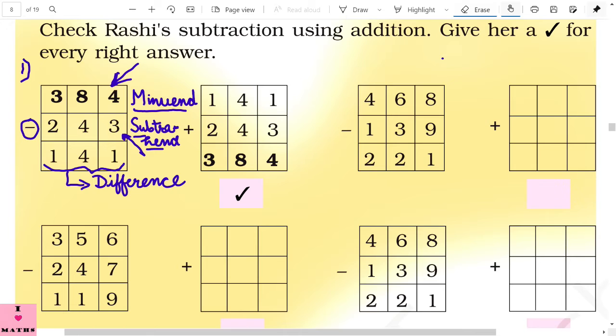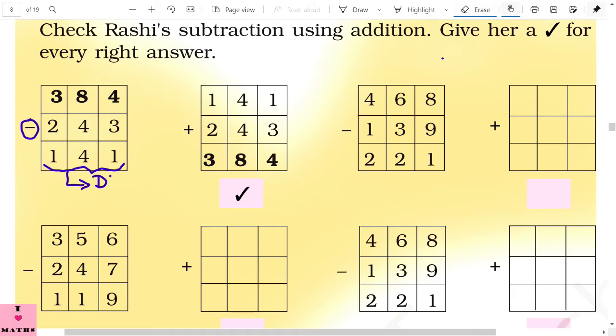Okay. Let me erase this and explain it to you how we are going to use addition as a check of the subtraction.